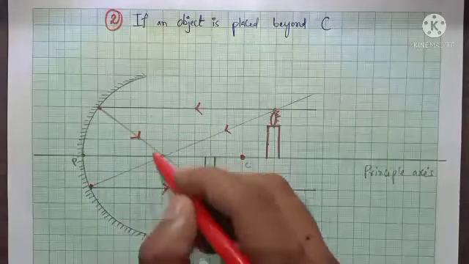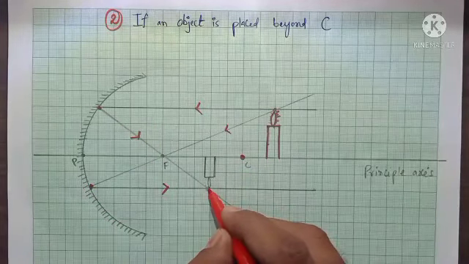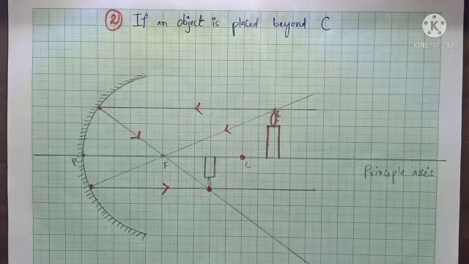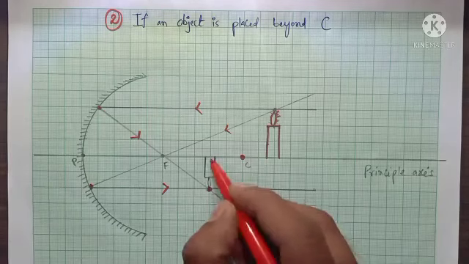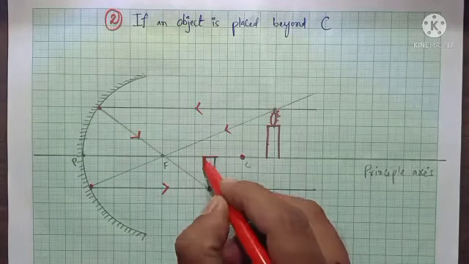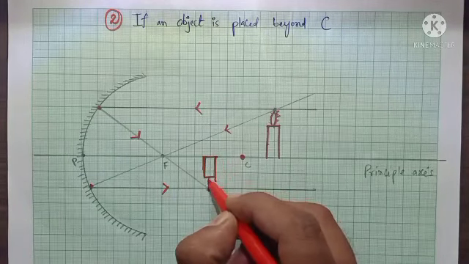So these two rays meet at a point. That meeting point we can take as the size and shape of the image. So this is the image we find here.